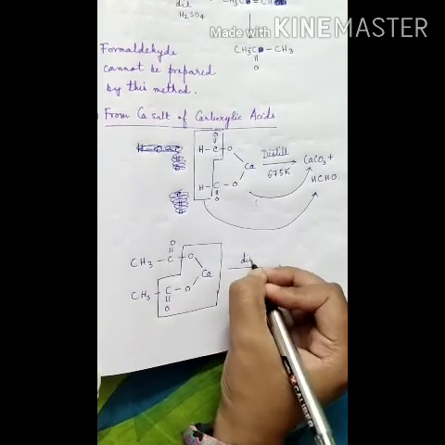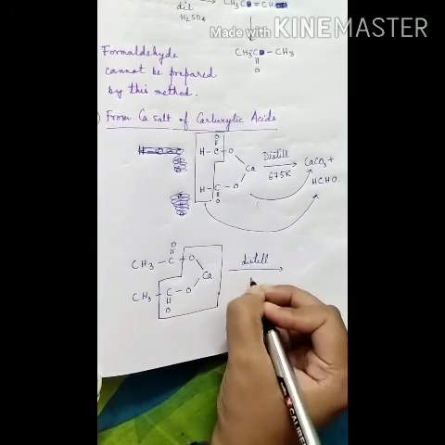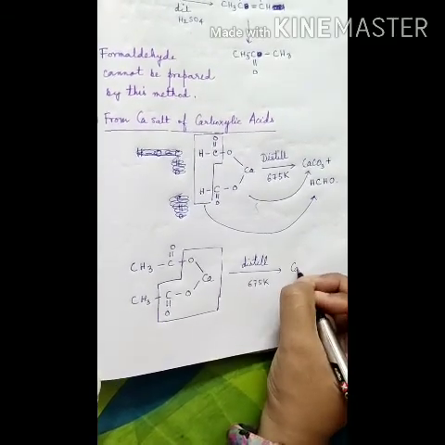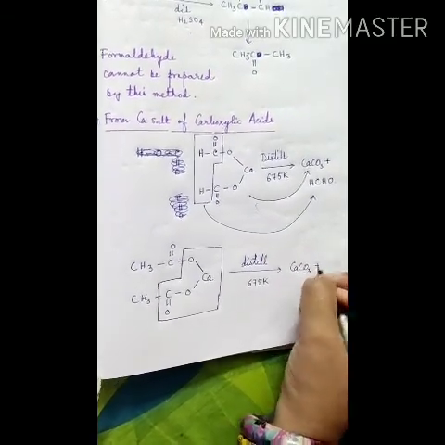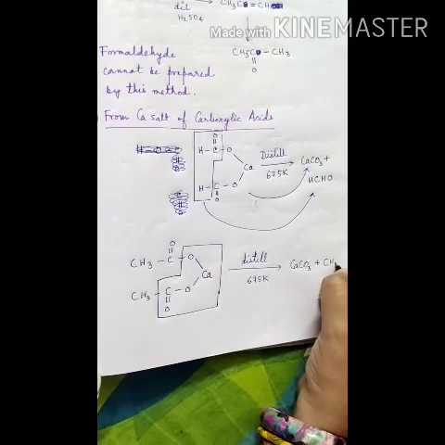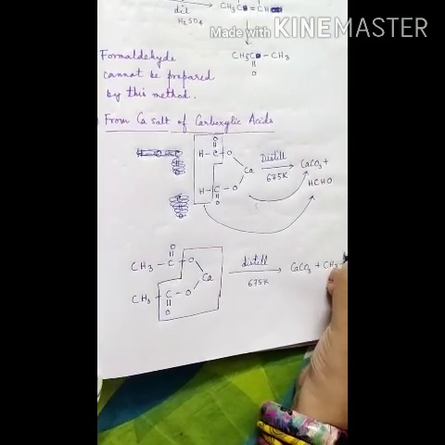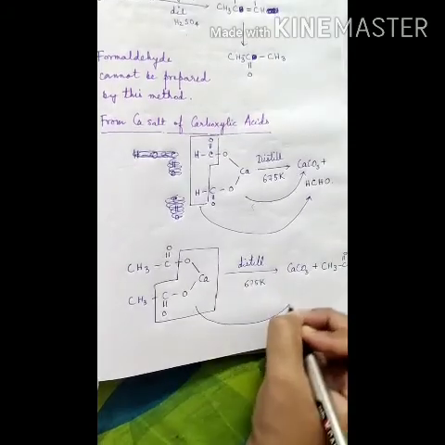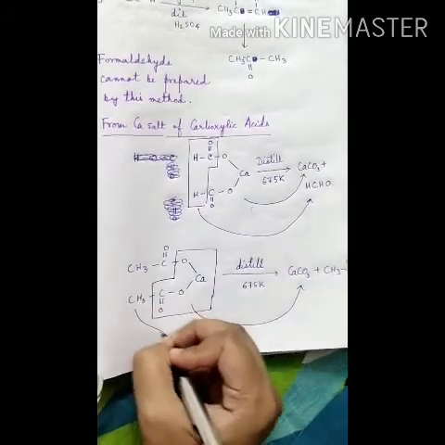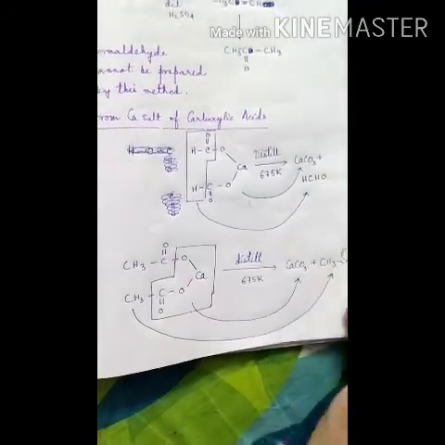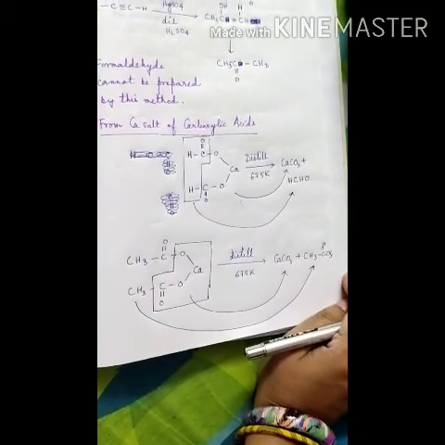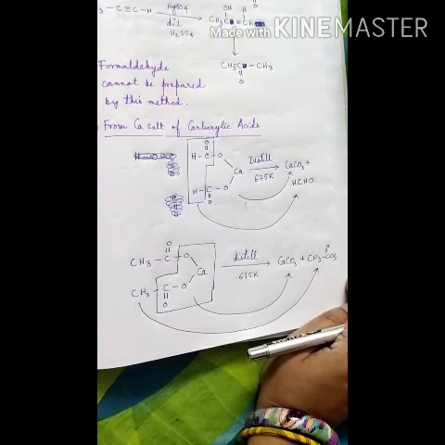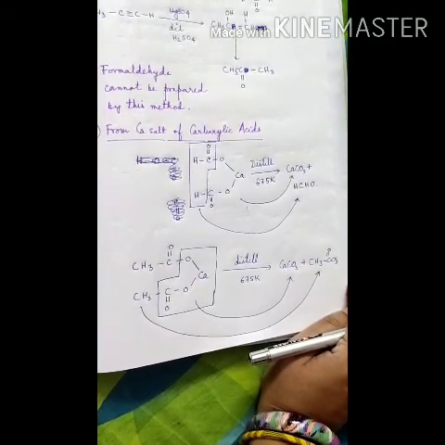So on distillation of calcium acetate at 675 Kelvin, we get the CaCO3 and what is remaining here? Acetone, CH3 C double bond O CH3. So on distillation we get here CaCO3 and the remaining part gives us the acetone. So in this way, by distilling the calcium salts of the carboxylic acid, we generally get the aldehyde and ketone.